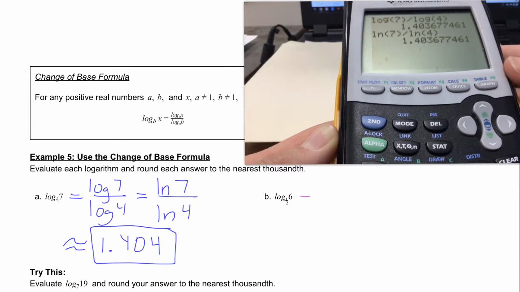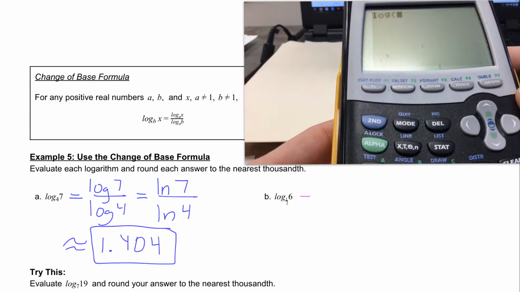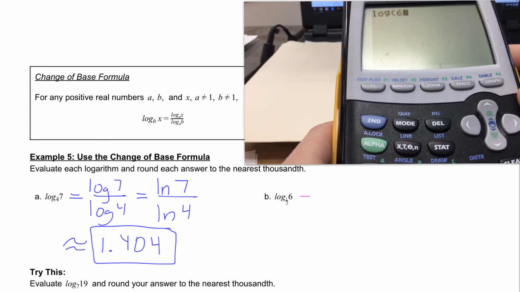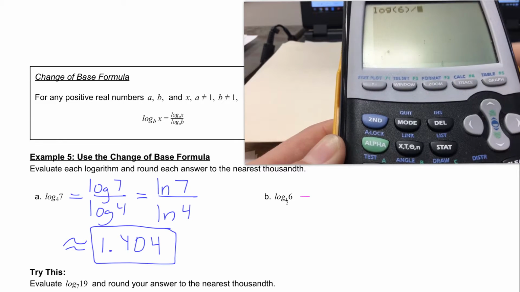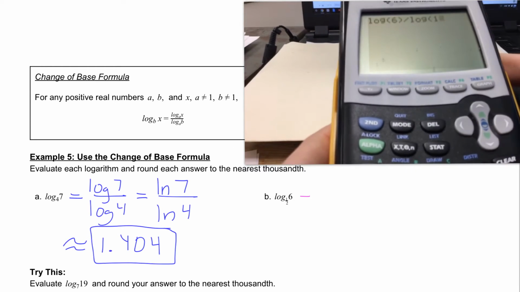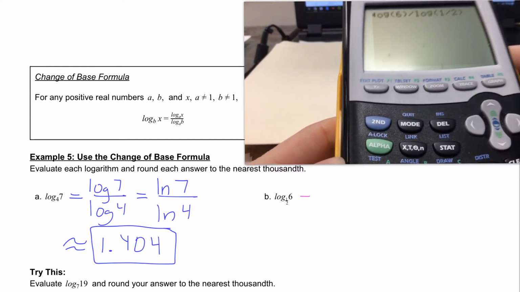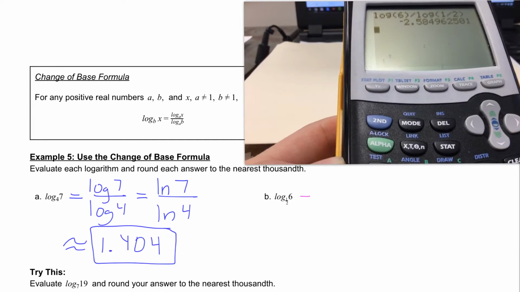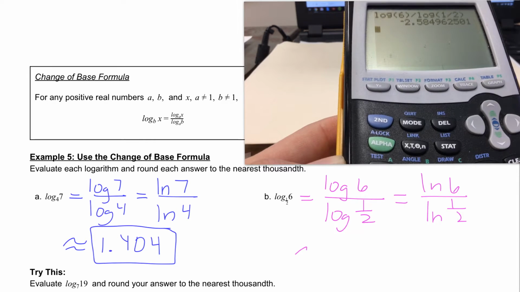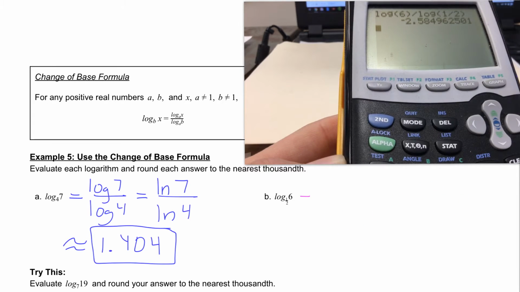If we plug that into our calculator, we get the log of 6, again, don't forget to close your parentheses, divided by the log of 1 divided by 2, close that parenthesis. If we hit enter, we have negative 2.5849, which would get us approximately negative 2.585.